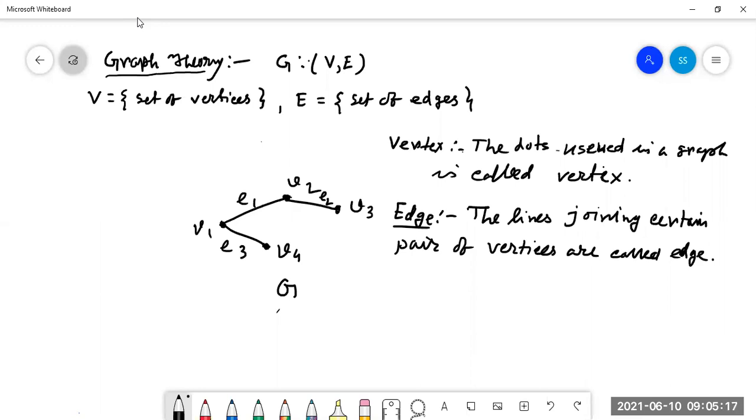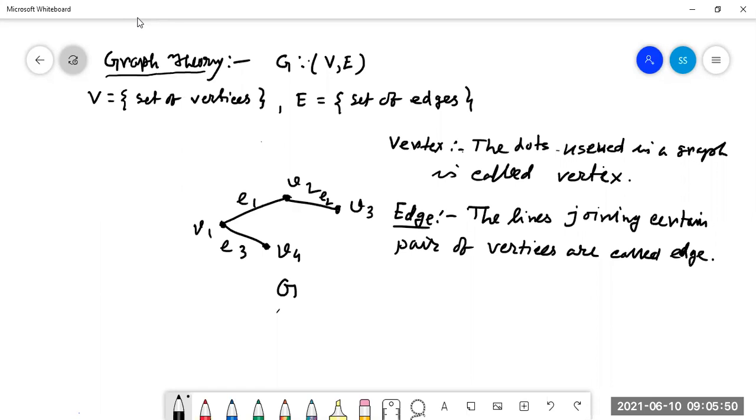So here V1 and V2, two vertices, are joined with this line, that is E1. So E1 is the edge. So we have a set of vertices and a set of edges. For this edge E1, V1 is the starting vertex and V2 is the end vertex. So V1 is the starting vertex and V2 is the end vertex for the edge E1.